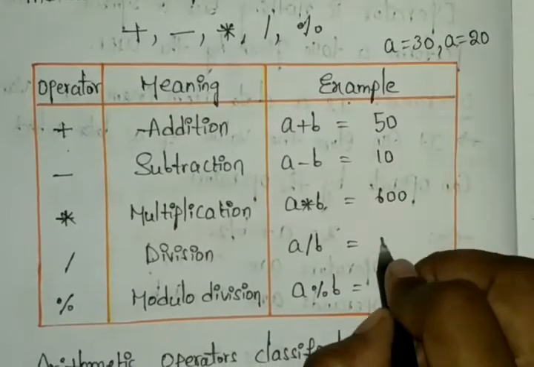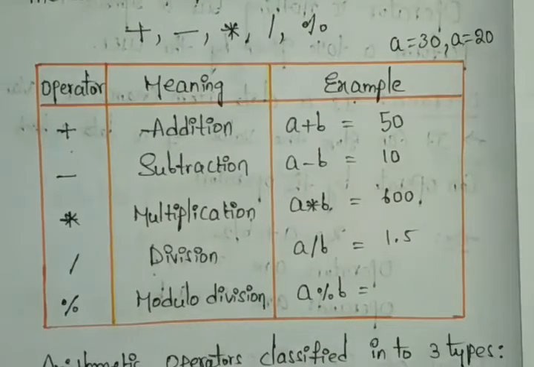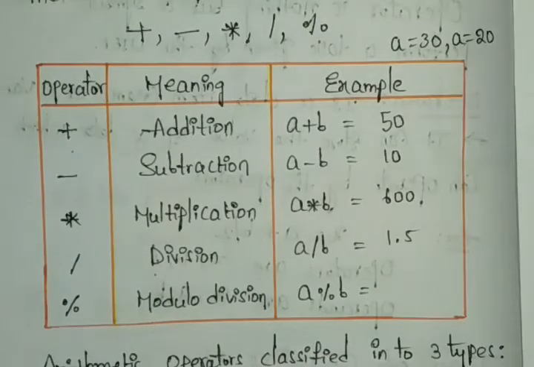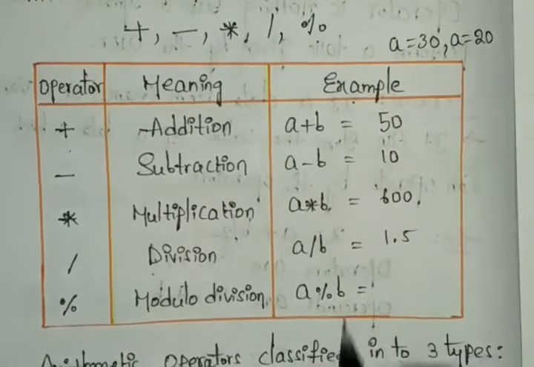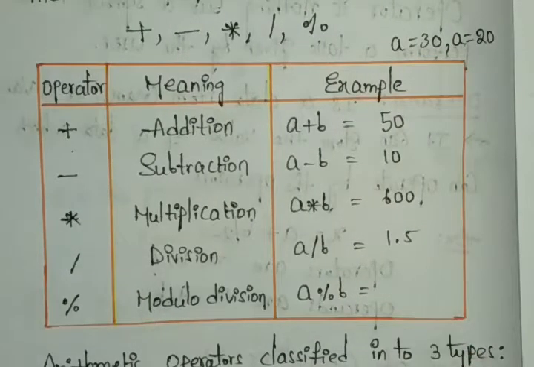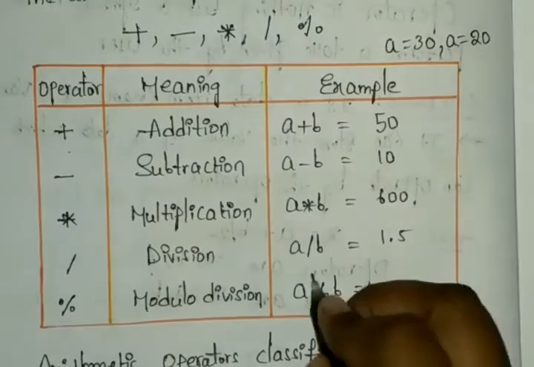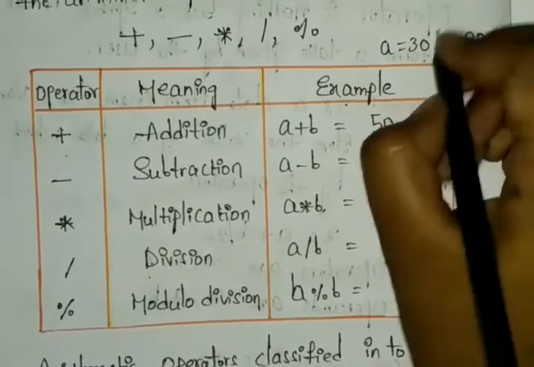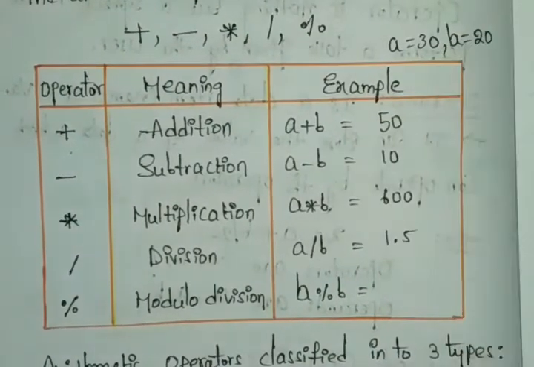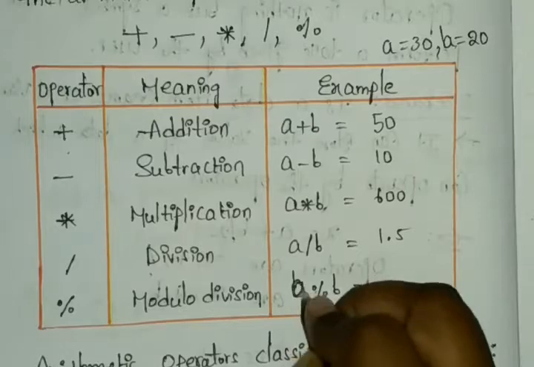Like 1.5. And for modulo division, A modulo B, we can do A by B only.